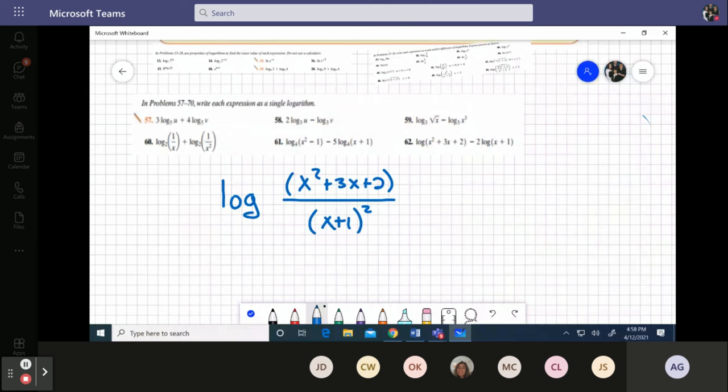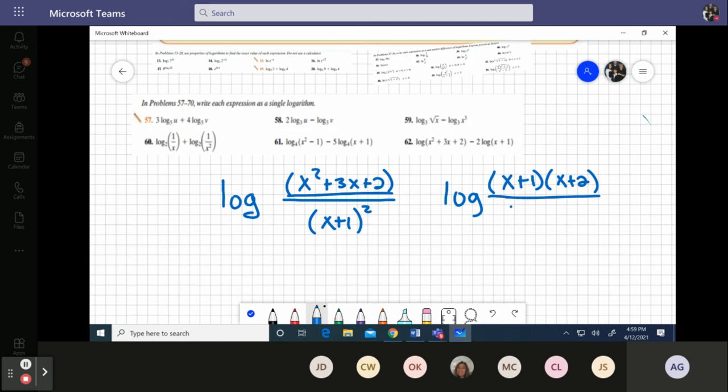Yes? But should I stop there or is there something else I could do? Okay. So I have x plus 1 times x plus 2 because this trinomial will factor.